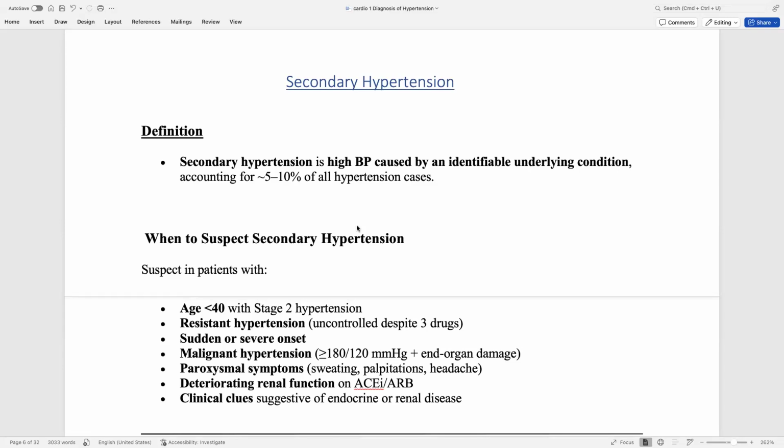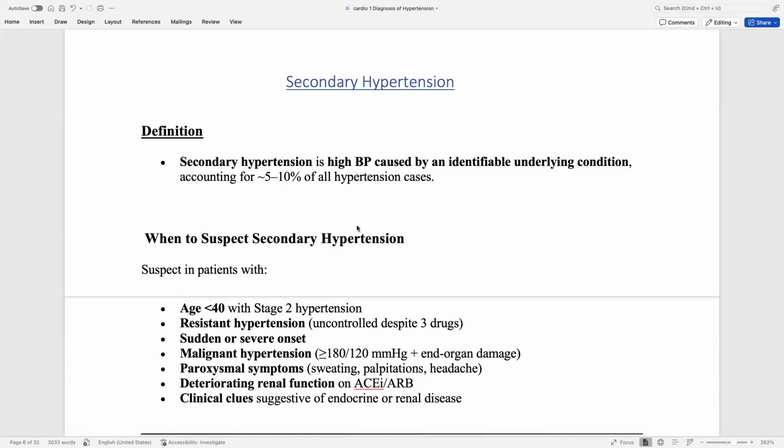In any scenario where the patient is below 40 and has hypertension, we need to rule out secondary hypertension first. So there will be mandatory steps in the approach for the patient with high blood pressure, diagnosed and confirmed as hypertension, but whose age is below 40, and who has stage 2 hypertension.